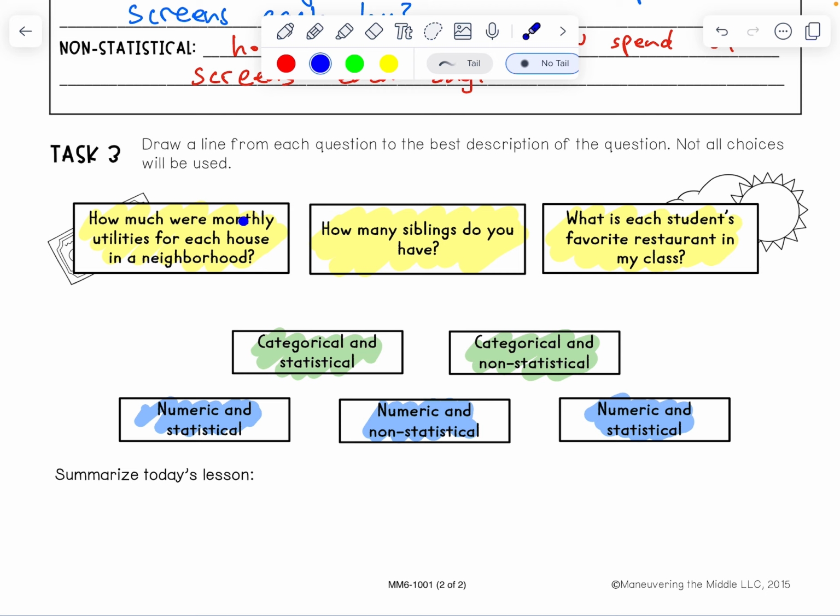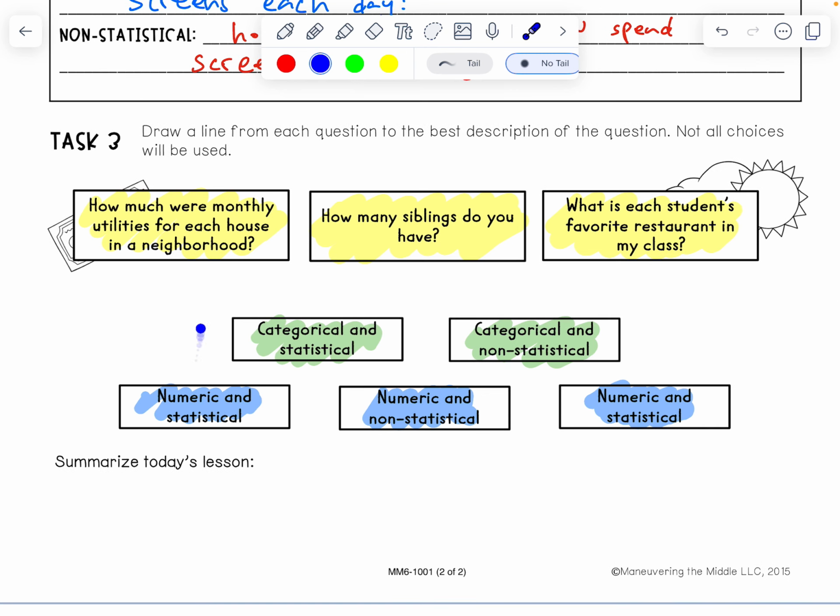Well, that is numeric, because you measure that with money. And for each house in a neighborhood, well, that's statistical, because there could be multiple answers depending on the house. So I would say this is numeric and statistical, so that one goes there. Technically, you can also have it go all the way over there if you want, but I'm going to keep it simple.